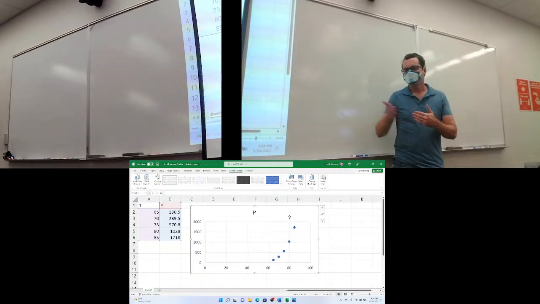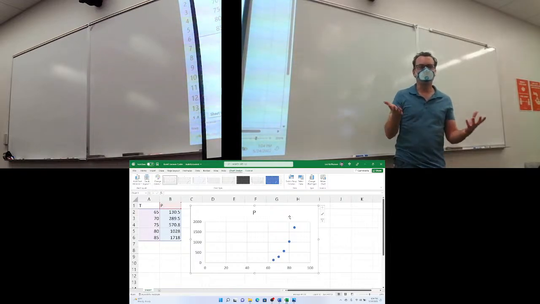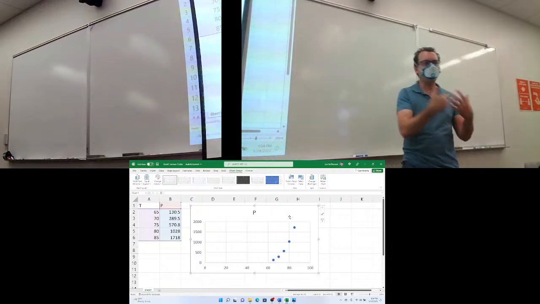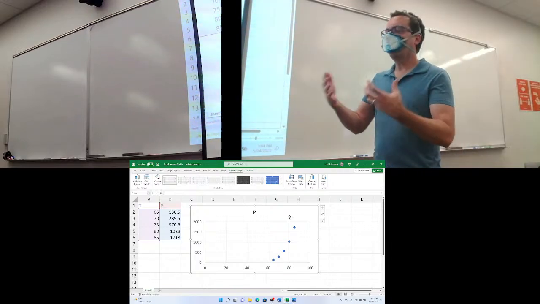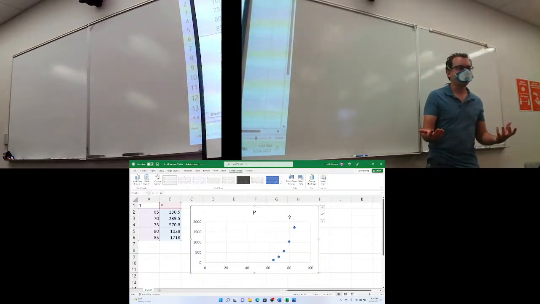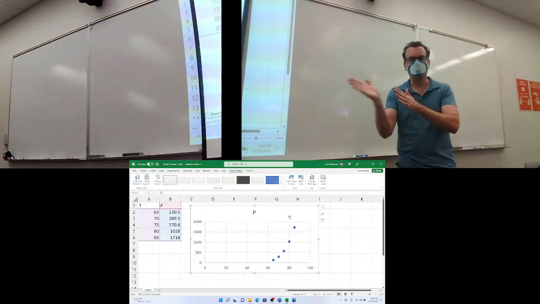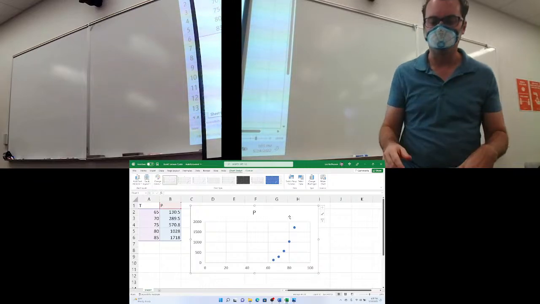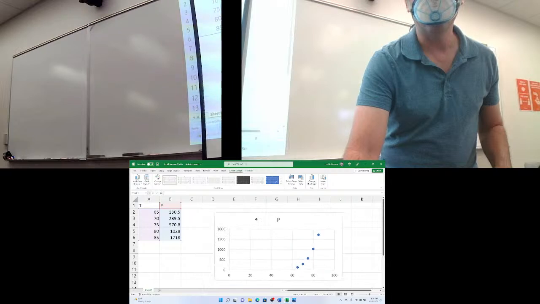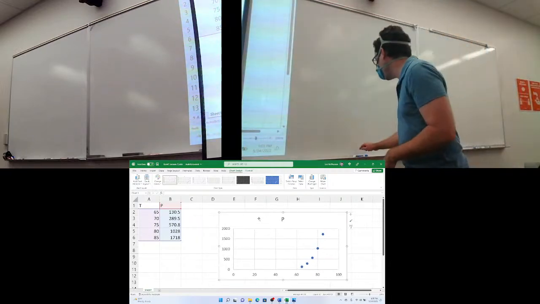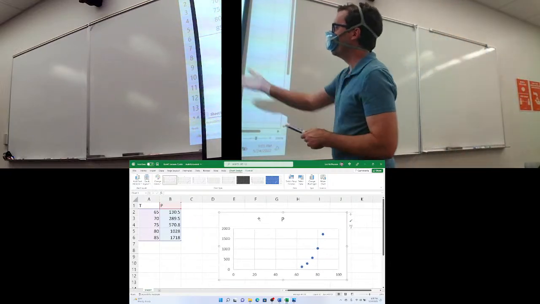Maybe it's not fitting because you're using the wrong curved equation. Is it a squared? Is it a cubed? Is it something else? So it's always easy to fit straight lines. You can visually see it fits really well or it's not, and we have statistics that'll tell you how well it fits.